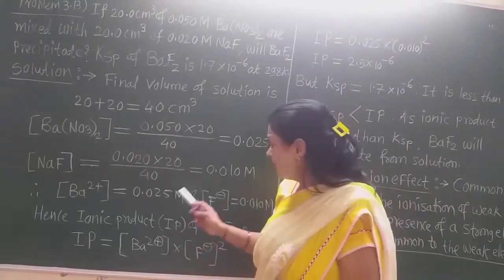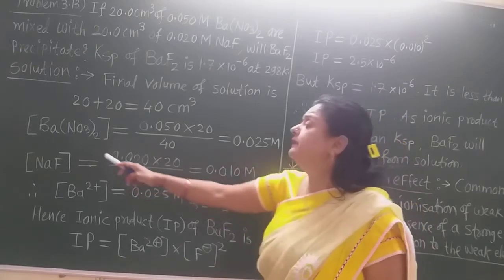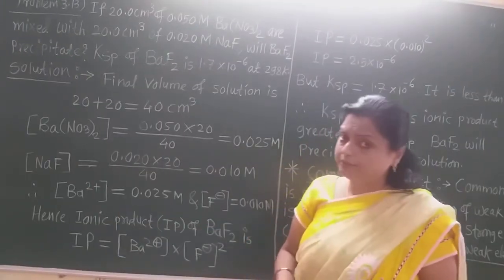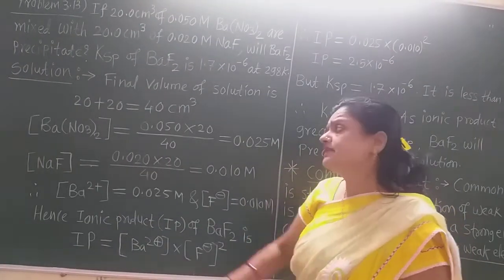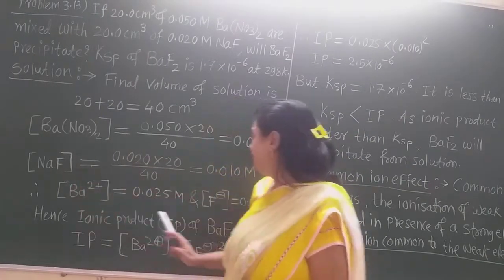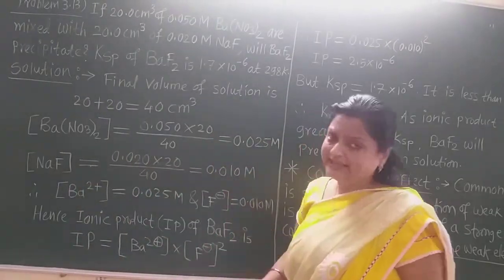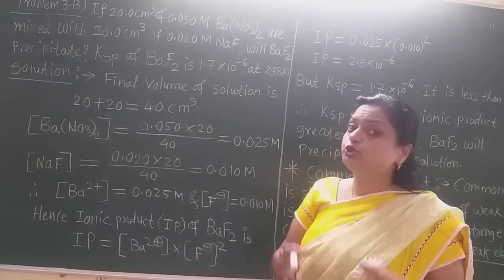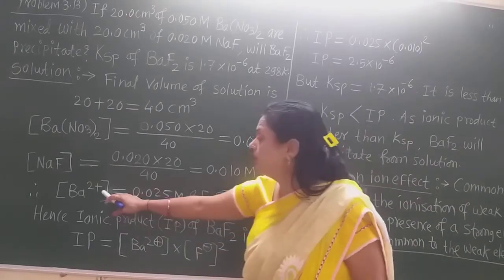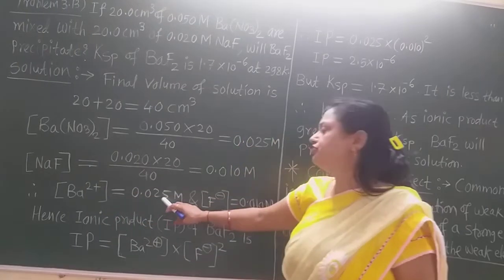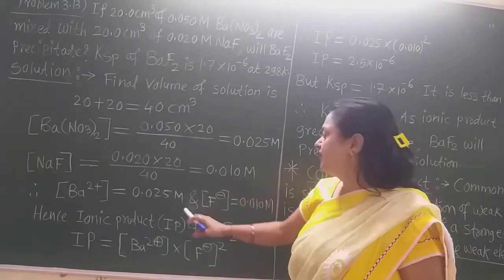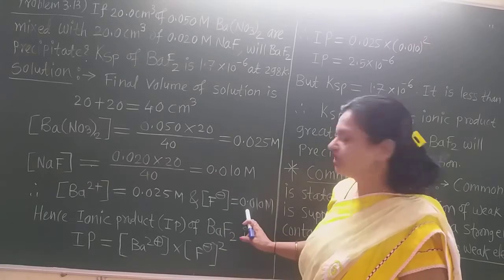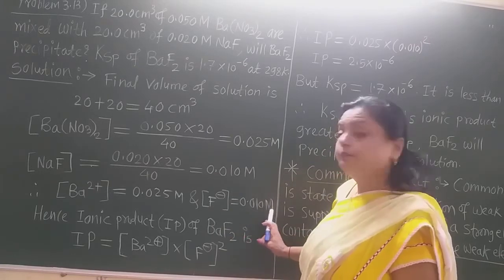Now, these are the concentrations of barium nitrate and NaF after mixing the solution. So the concentrations of the Ba ions and F ions are the same in the solution which is obtained by mixing these two solutions. The barium ion has the concentration 0.025 molar and the fluoride ion has the concentration 0.010 molar.